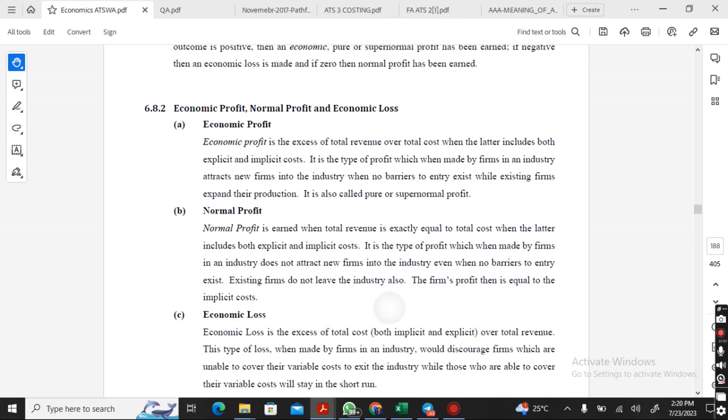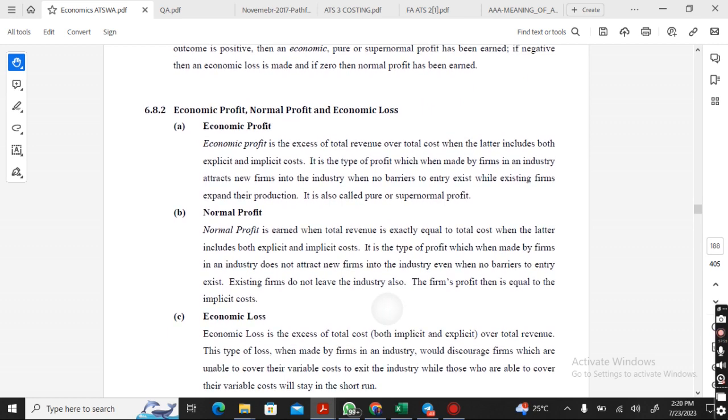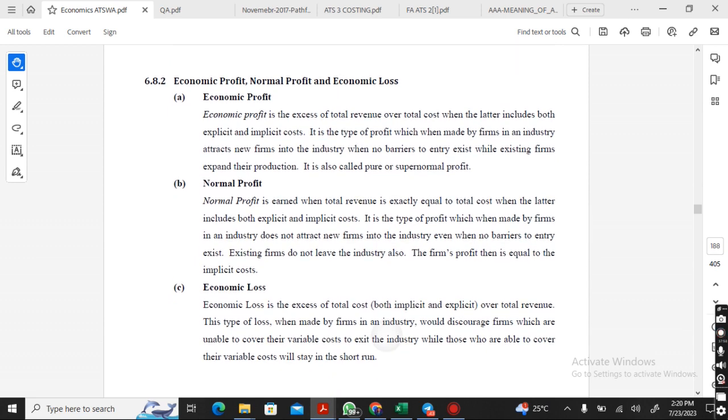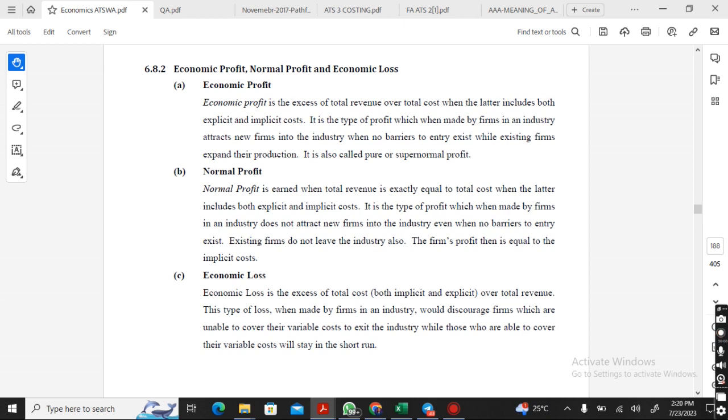Economic profit is the excess of total revenue over total cost. Normal profit is when total revenue is exactly equal to total cost, so there's no loss, there's no gain, and no dividend if there are shareholders.